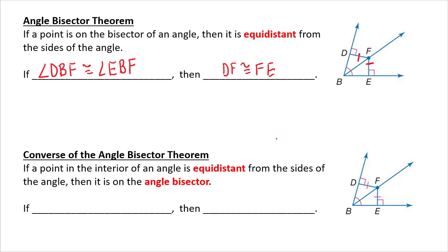Converse. If a point is in the interior of an angle and is equidistant from the sides of the angle, then it is on the angle bisector.